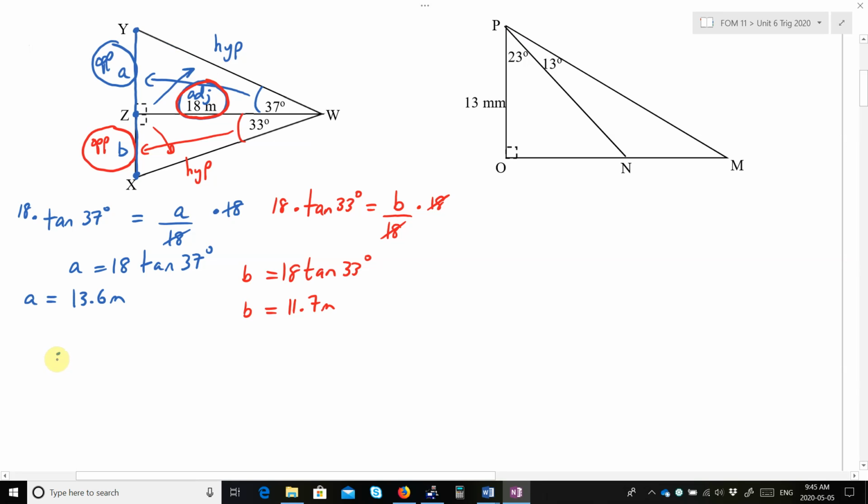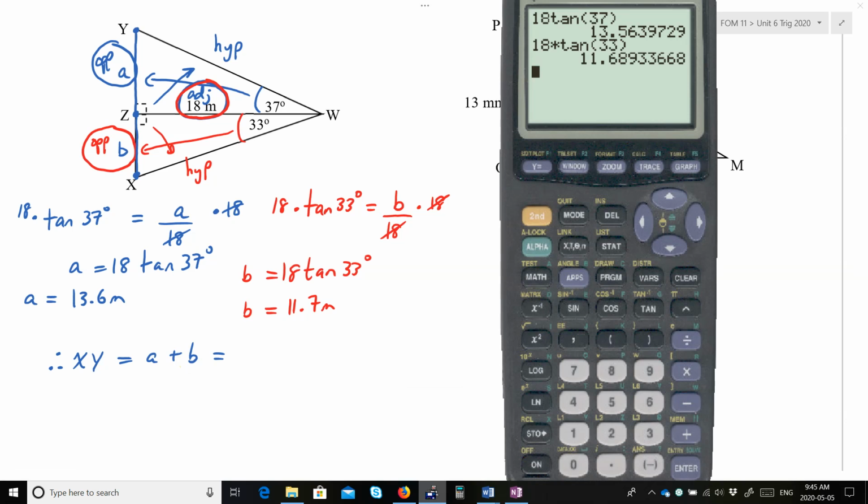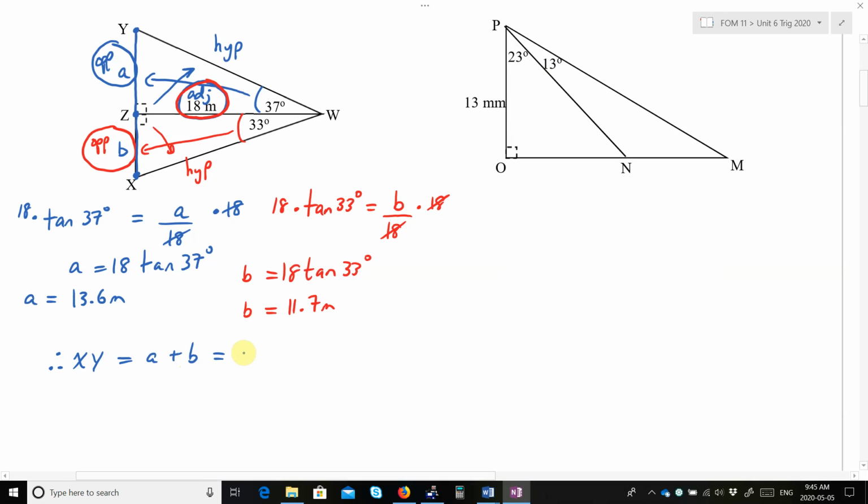And we can then say therefore, the three dots in a triangle means therefore, XY is equal to A plus B. Add those two sides together. 13.6 plus 11.7, and we end up getting 25.3 meters. And if we check the answer key at the end, it says 25.3 meters, so it's consistent with that.